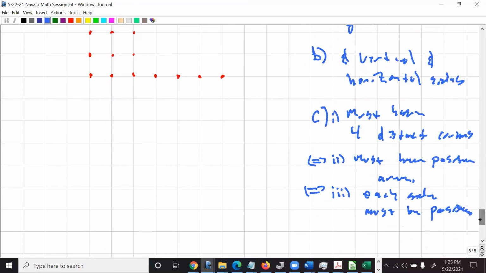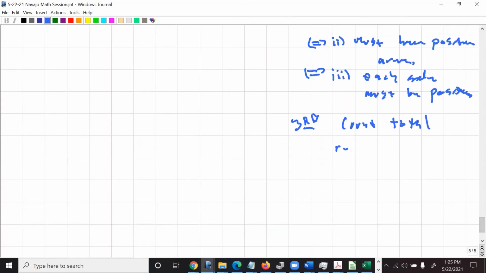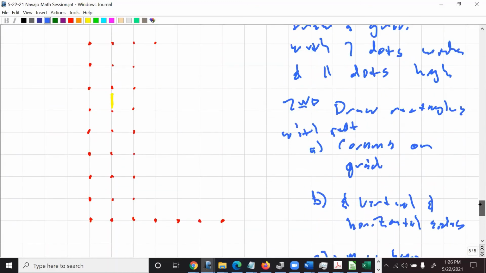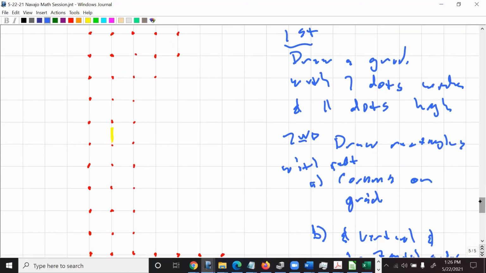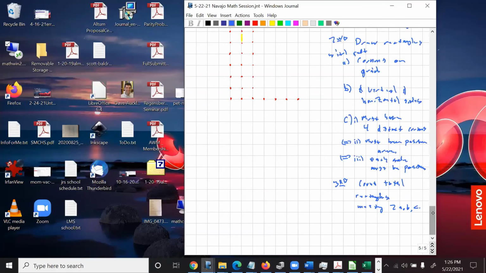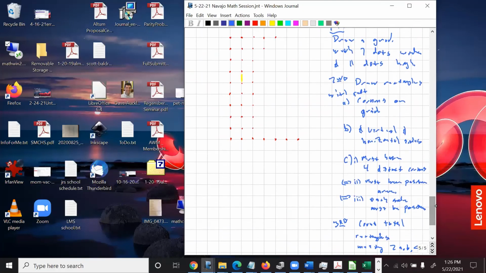So the third thing is meeting 2A, B, and C. Does this now define the problem so that people understand what the problem is if they see this on my screen?